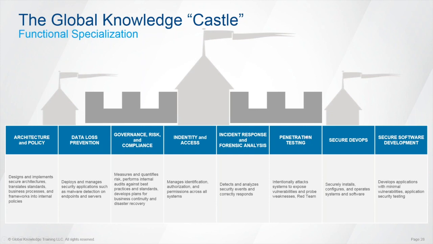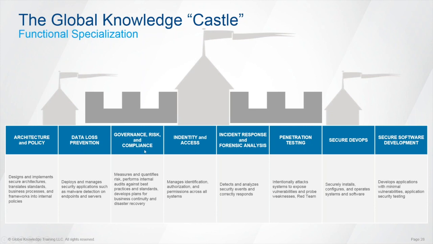So the risk management NIST framework fits inside each one of these things depending on what that team is responsible to do. So just going through them briefly here, architecture and policy is about designing secure architectures, how all the systems connect together, what policies will be used, across the board. Data loss prevention is about keeping malware out of systems. So this would be the people that implement the virus checkers and malware defense.